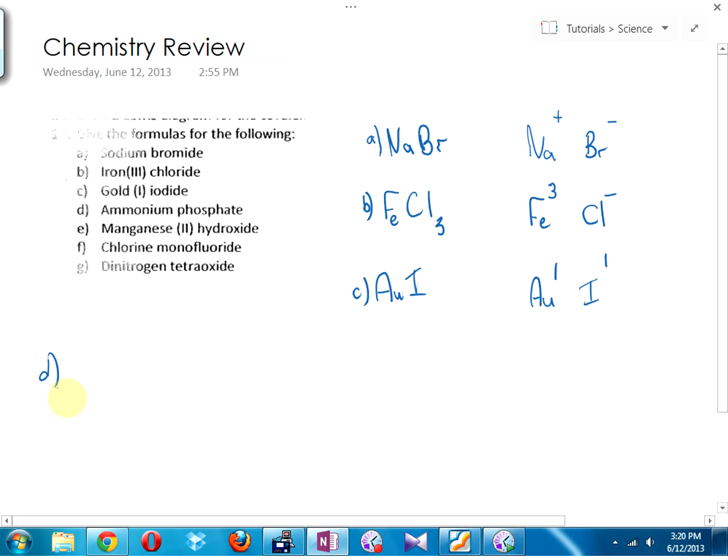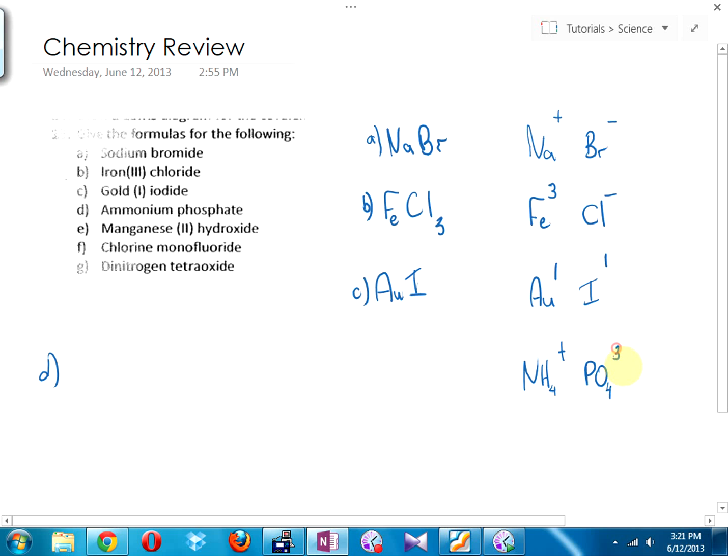D. Ammonium. That's not an element. I think it's NH4. It's a polyatomic, NH4, positive charge. Phosphate. Phosphorus is an element, but phosphate is PO4, 3 negative.